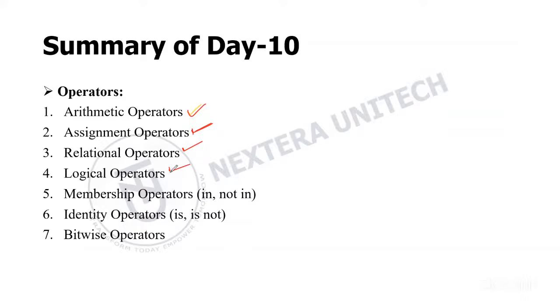Tomorrow we will be learning membership operators, that is in, not in, identity operators, is, is not, and bitwise operators. So for today we have learned the four operators, that is arithmetic, assignment, relational and logical. Tomorrow we'll be learning about membership operators, identity operators and bitwise operators.